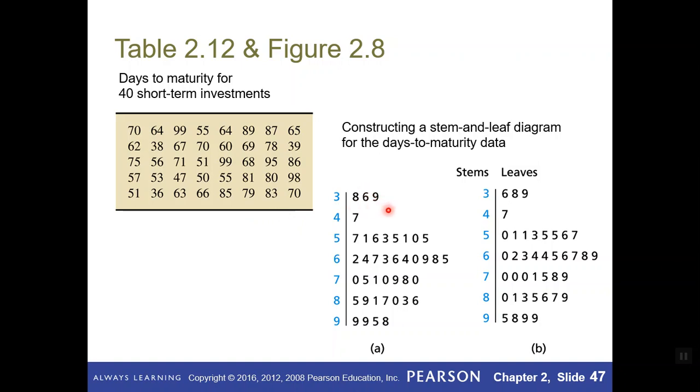So 8, 6, 9 on the leaf side. Likewise, you can continue this. Then you can get something like this: stems 3, 4, 5, 6, 7, 8 up to 9. Leaves, at the end you have to put them in ascending order: 6, 8, 9. Here 7. See, 0, 1, 1. If you have two equal values, it doesn't matter, keep them in ascending order: 0, 1, 1, 3, 5, 6, 7. Ascending order is a must.